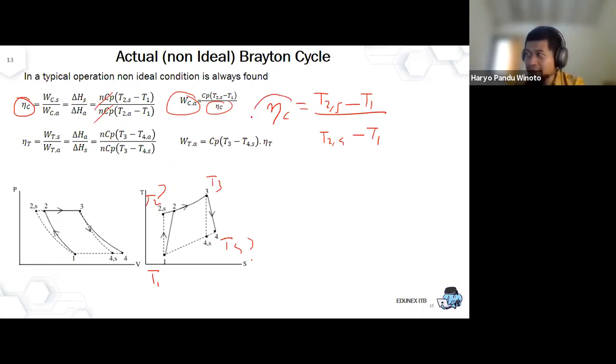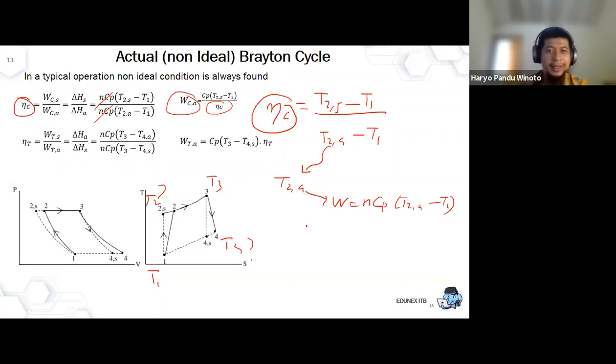By using this typical data, maybe 80%, 90%, you can predict the T2A. Later on, you will find the work is equal to n Cp (T2A minus T1). You guys can get it.